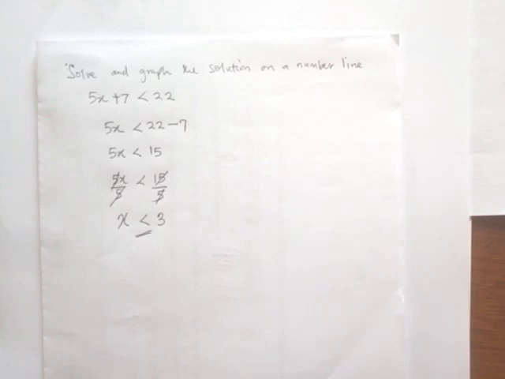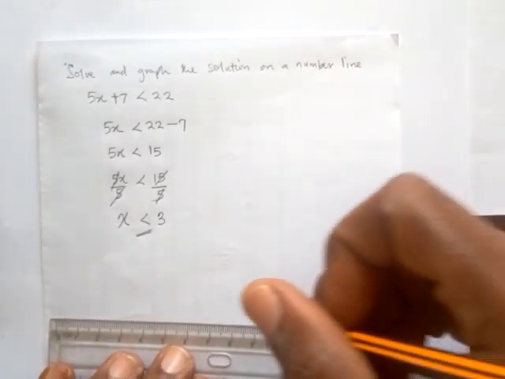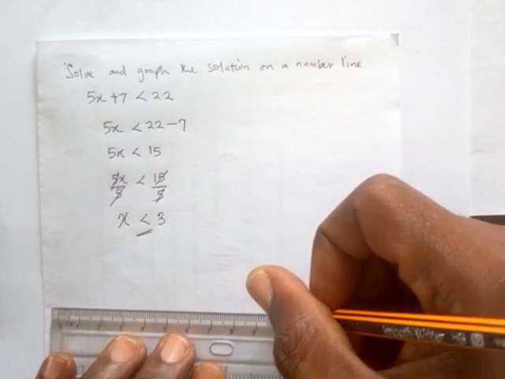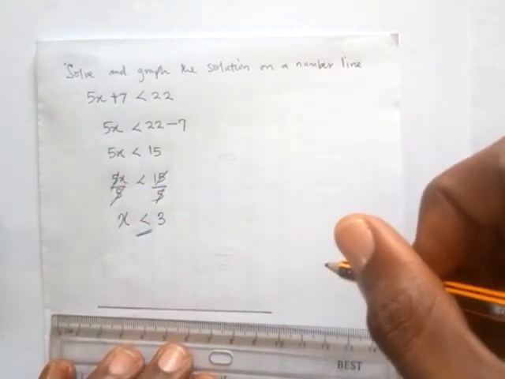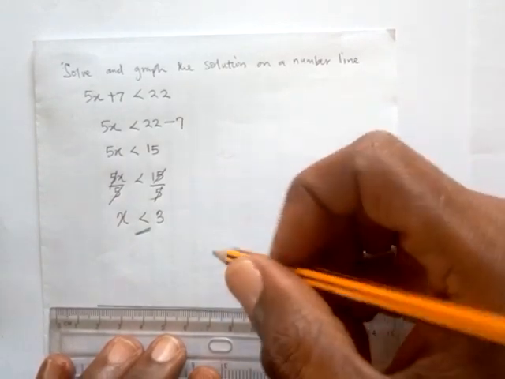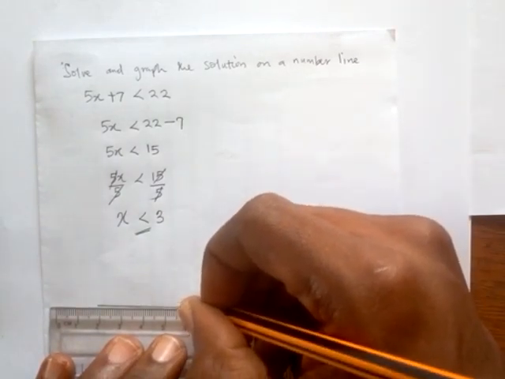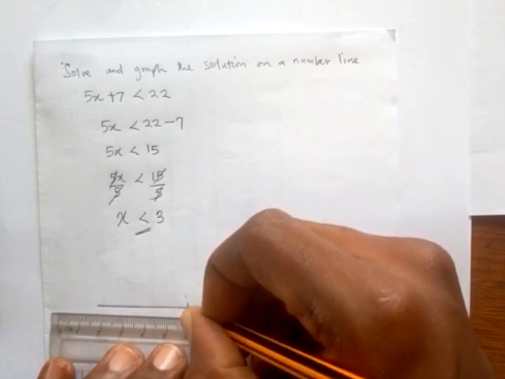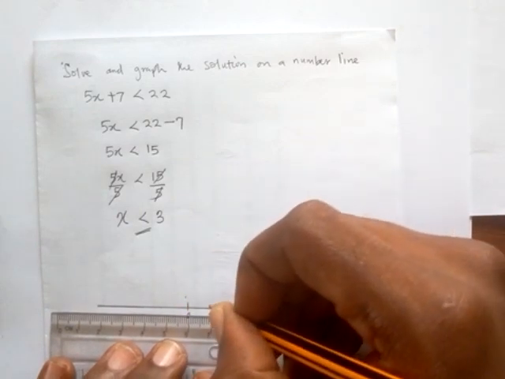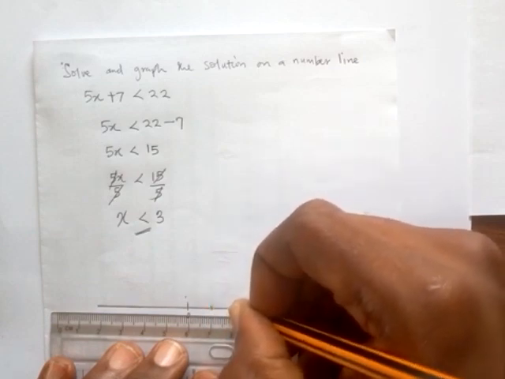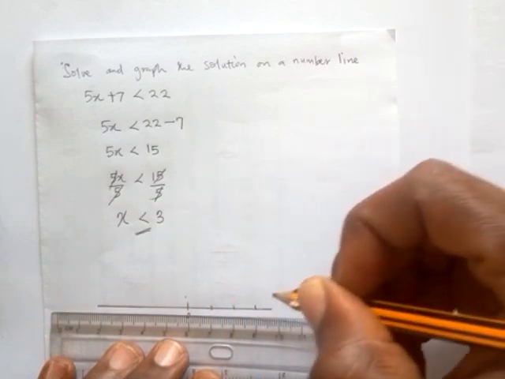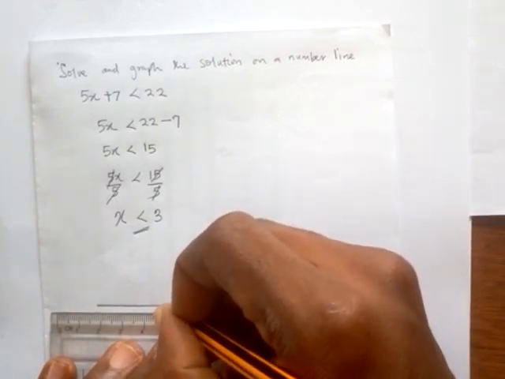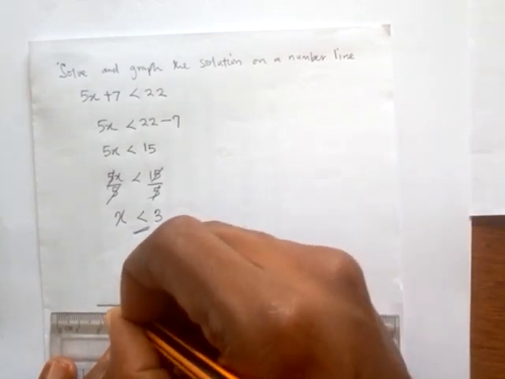So for your number line, you get your ruler and your pencil, draw a straight line, and then you begin to, let's call this 0, 1, 2, 3, minus 1, minus 2, minus 3.